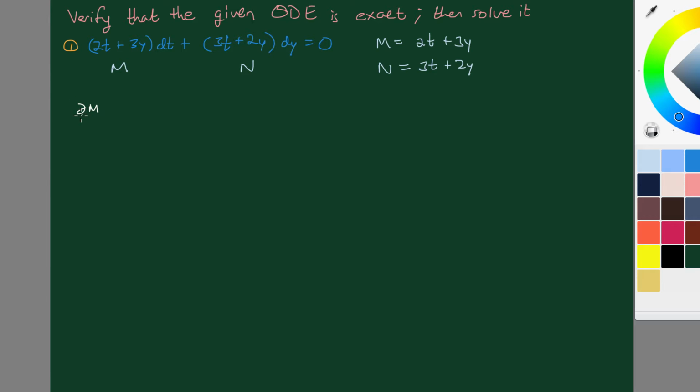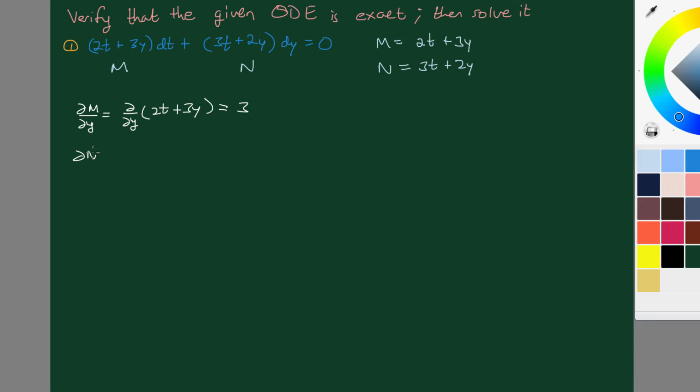Okay, so dm dy is going to be equal to d dy of 2t plus 3y, and that's going to give us simply 3.